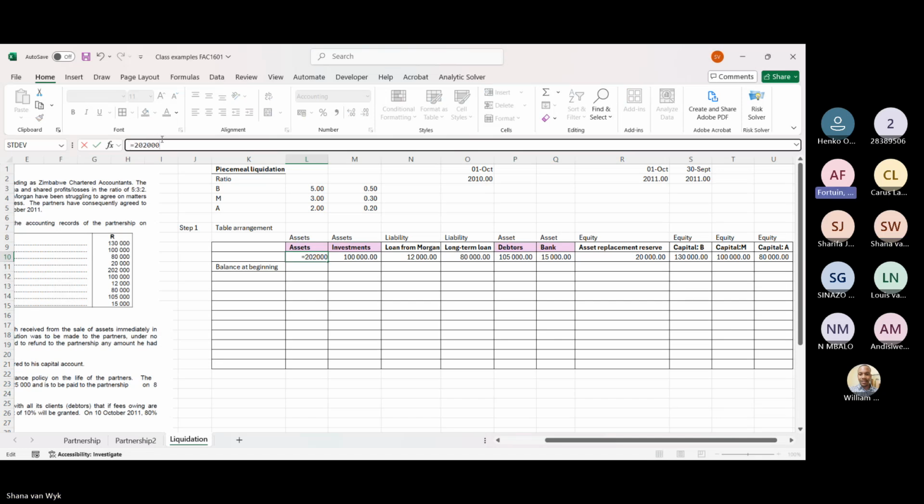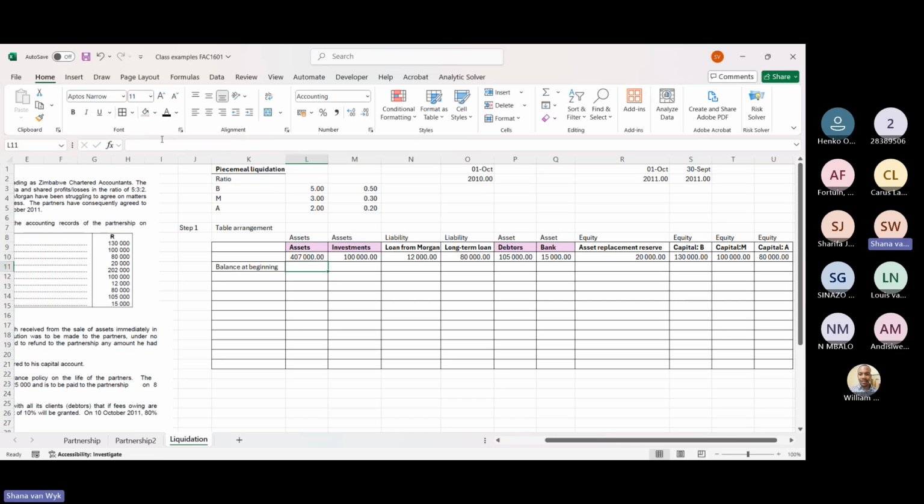Then the next column, where you've got assets, call it bank. Now the next one is bank, right? And then the next one you will have your liabilities, and then you have your capital.